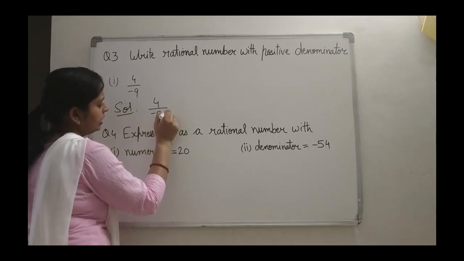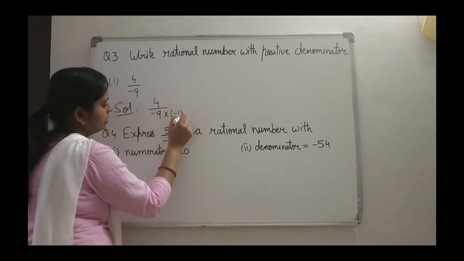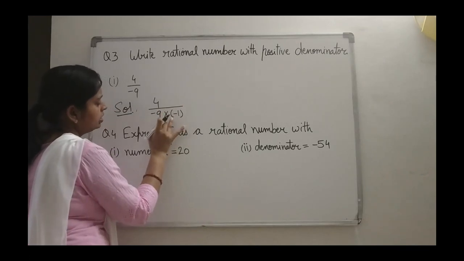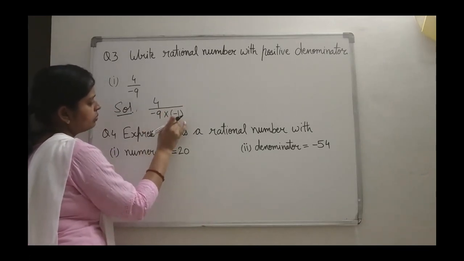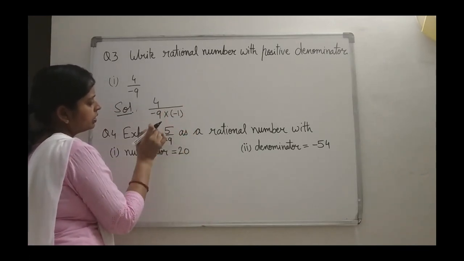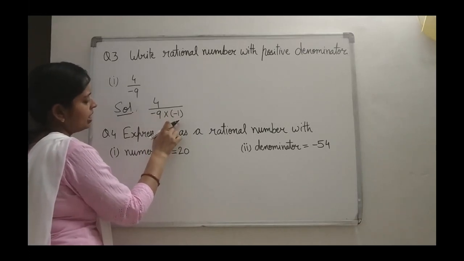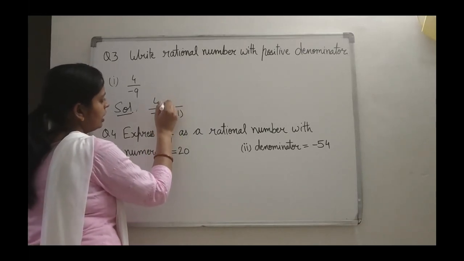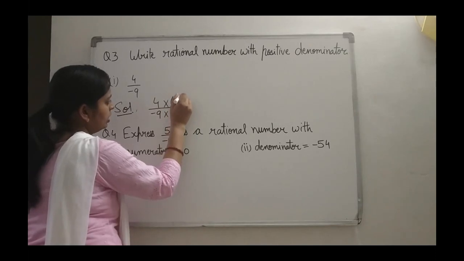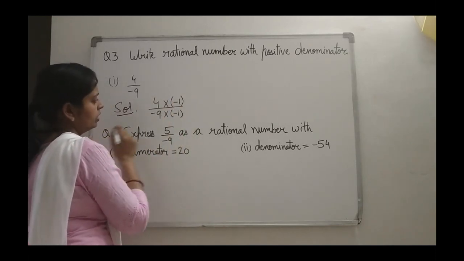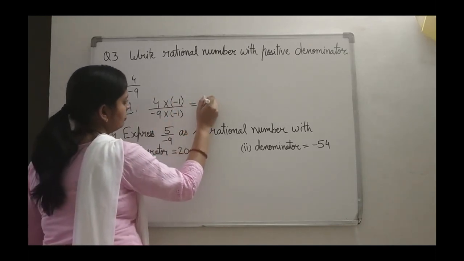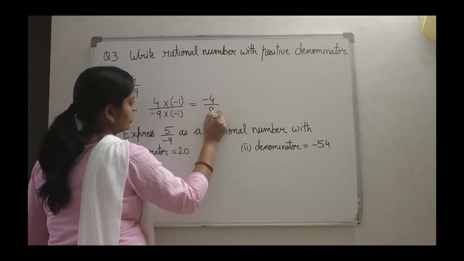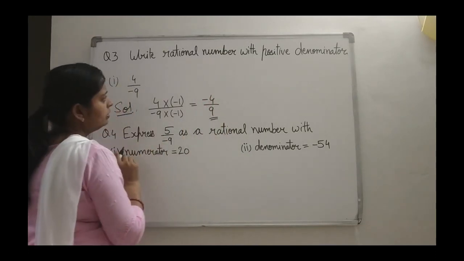By multiplying the denominator by minus 1, we can make it positive. Minus 9 into minus 1 gives you positive 9. If we multiply the denominator by minus 1, we have to multiply the numerator by minus 1 also. So your answer will be minus 4 upon 9, okay, with the positive denominator.